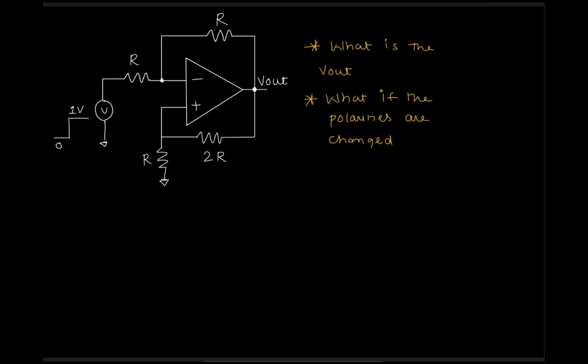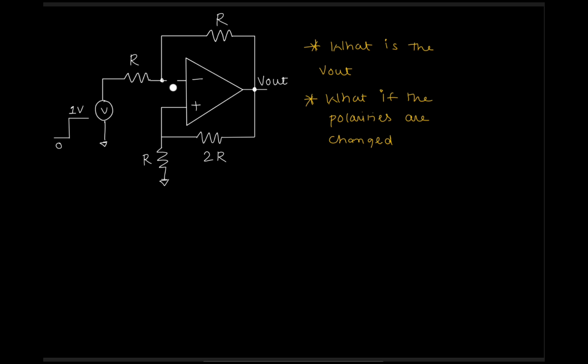Now whenever you see there are two feedback paths, first of all directly calculate the overall feedback of this system. How to calculate it?